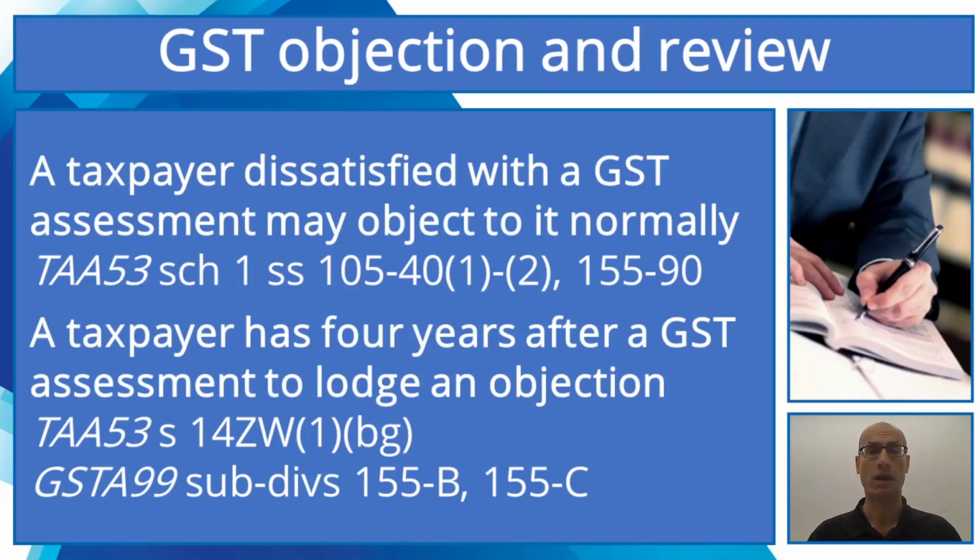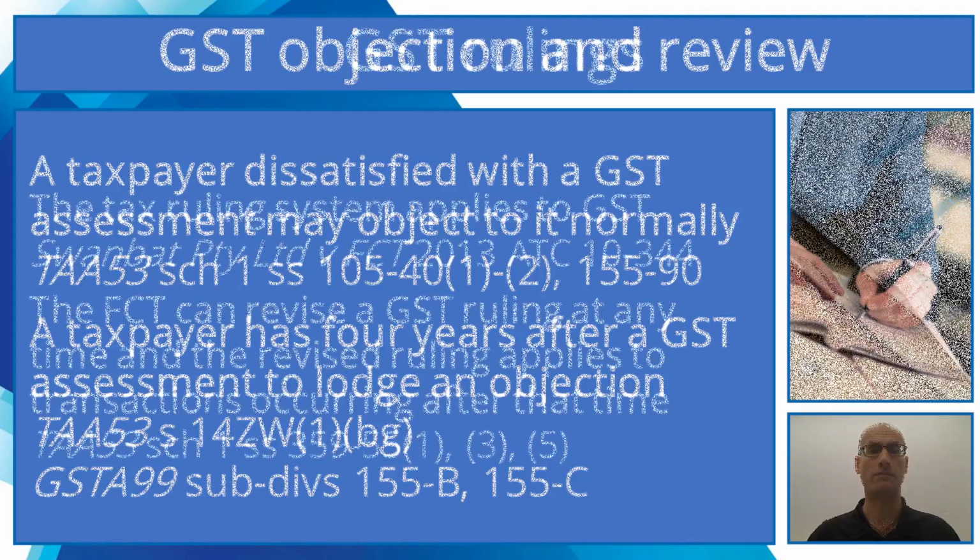And if you don't like the results of the objection, which is essentially asking the decision maker, the tax office, to remake their original decision, you can then go to the AAT and seek a review. And if you don't like that, you can go to the Federal Court normally and appeal that. Note that the statutory limit for lodging an objection is 4 years after a particular assessment is made.